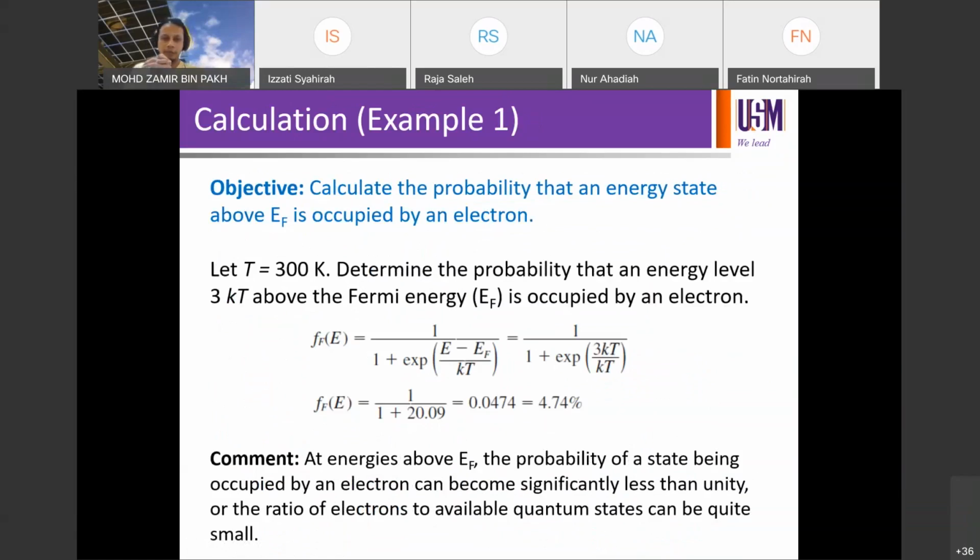If you want to represent this graphically, where is the position of your EF on your band diagram?